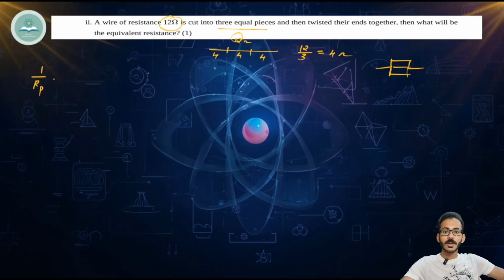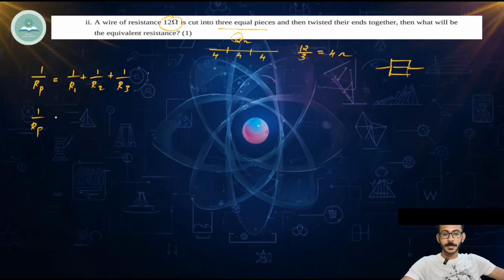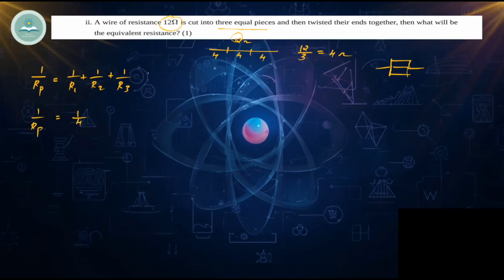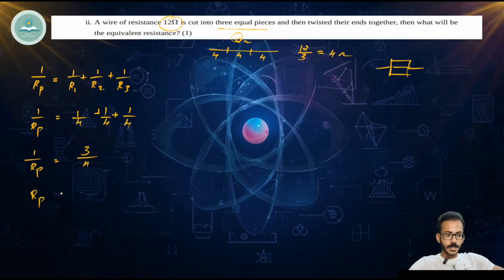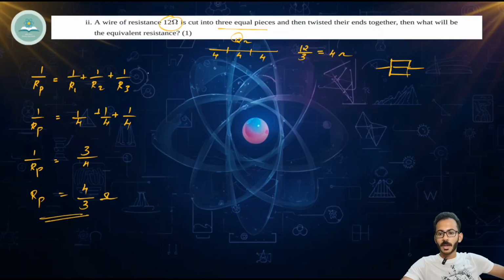So in parallel connection, 1/R is equal to 1/R1 plus 1/R2 plus 1/R3, which gives 3/4. Therefore, taking the reciprocal, Rp is equal to 4/3 ohm.